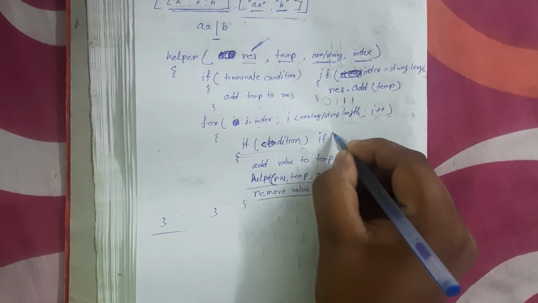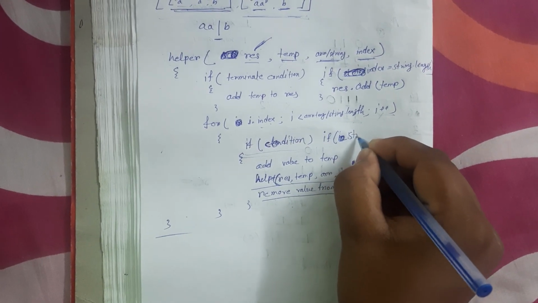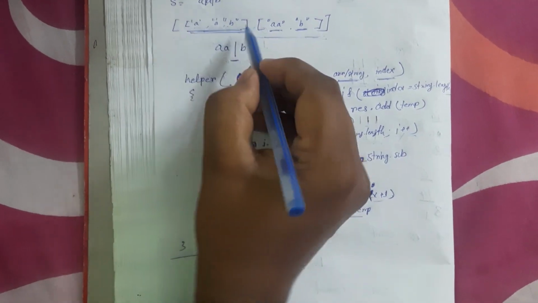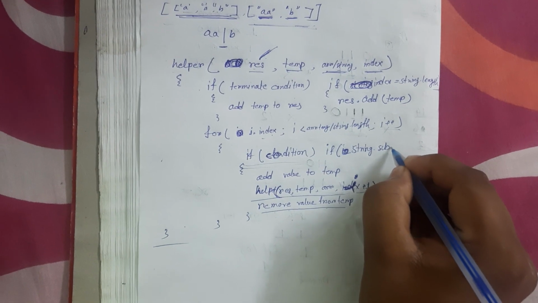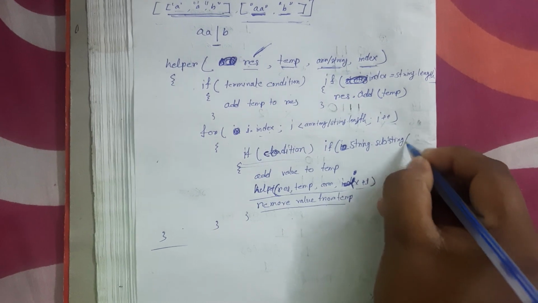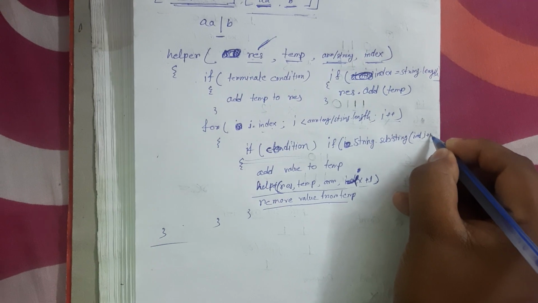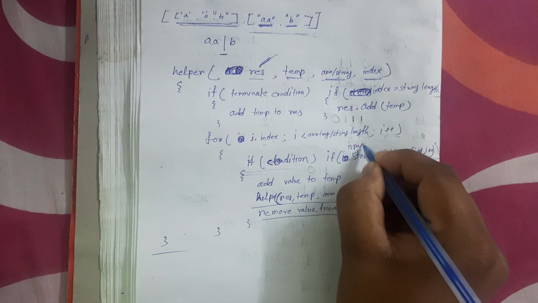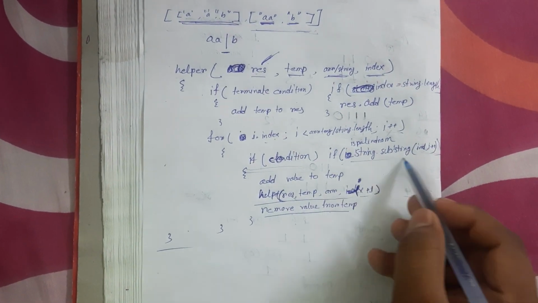So we check whether string dot substring index comma i plus 1 is a palindrome or not.